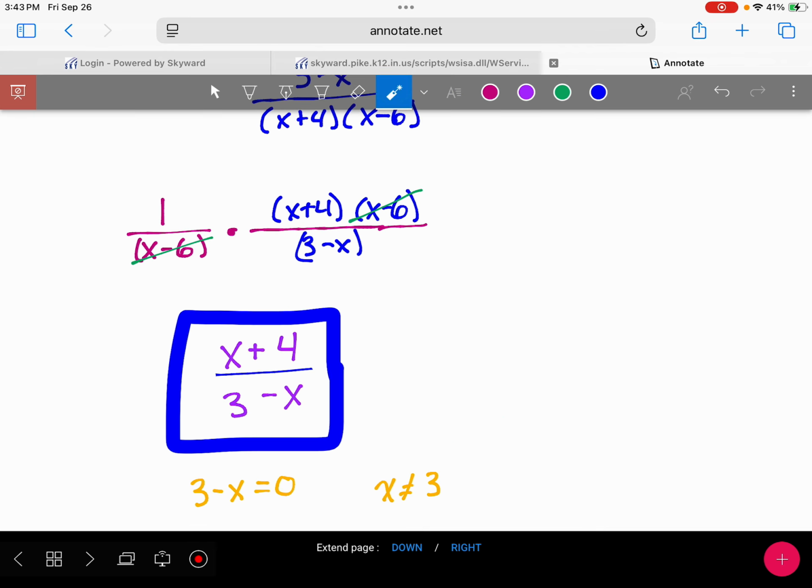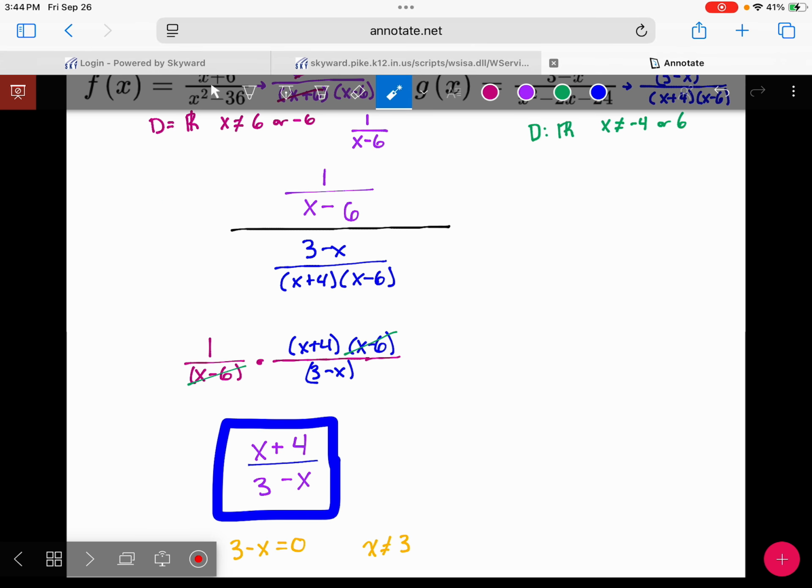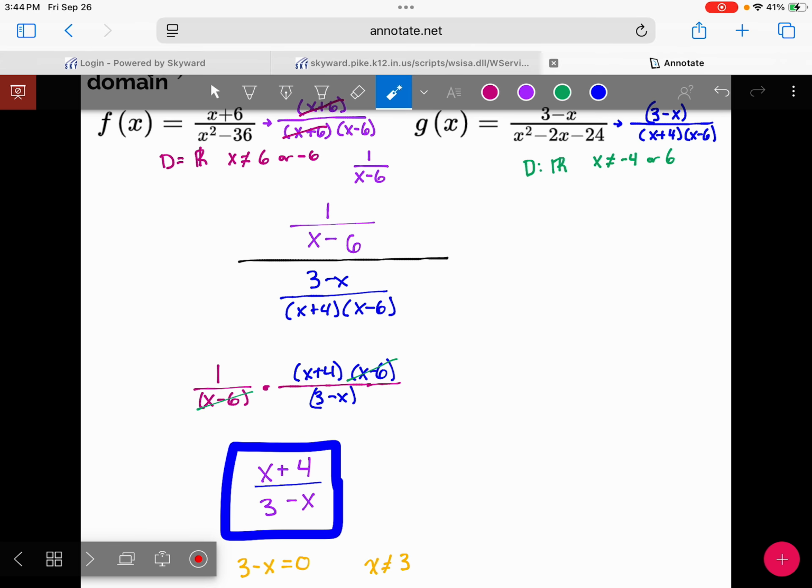So looking at just this function, I can see that x needs to not be 3. We also still have our x minus 6 in the denominator, so we know x wouldn't be able to be 6. But in fact, we need to include all of these values as excluded. So my x cannot be negative 6, it cannot be negative 4, it cannot be positive 3, or positive 6.